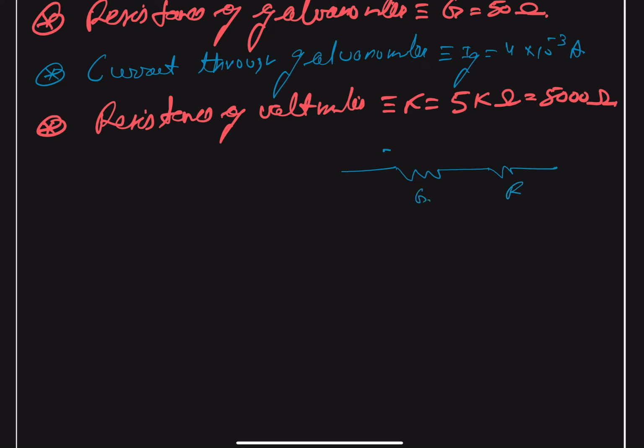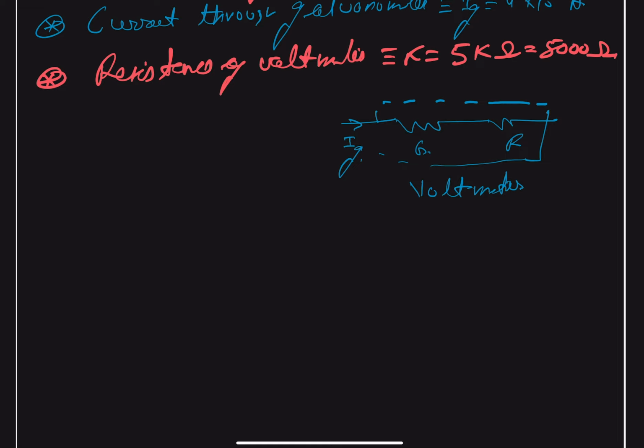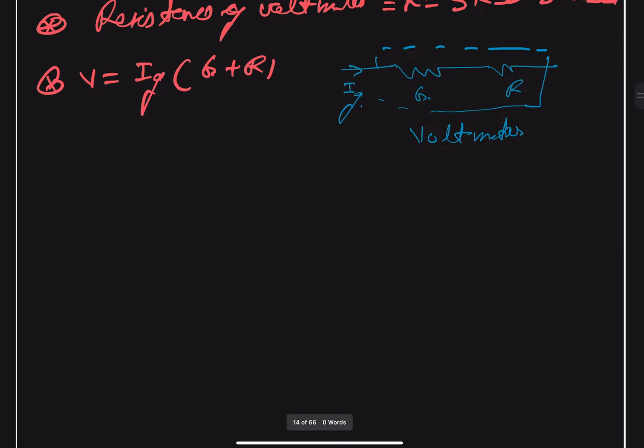And here is our current, that is our Ig. So therefore we can write the equation that our voltmeter is going to measure voltage V, which will be our galvanometer current times the galvanometer resistance plus the resistance of the voltmeter.